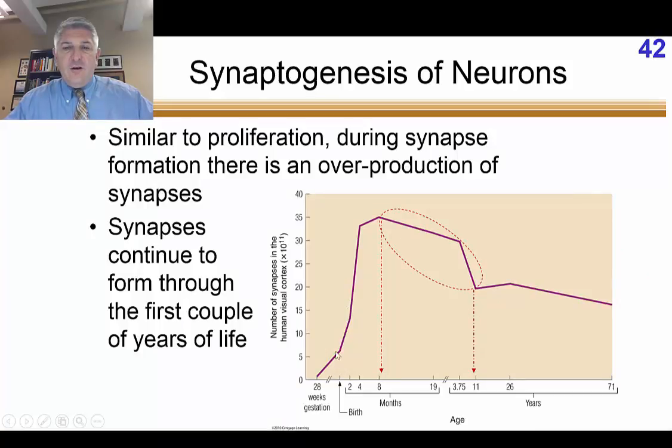So, in the first year, we have lots of overproduction of synapses, and then from 8 months to early adolescence, 11 or so, we're getting a pruning, and so much of learning how to walk, learning how to talk, is happening through pruning of inappropriate synapses and stabilizing the appropriate connections to allow motor function, to allow the coordinated movement necessary for speech.